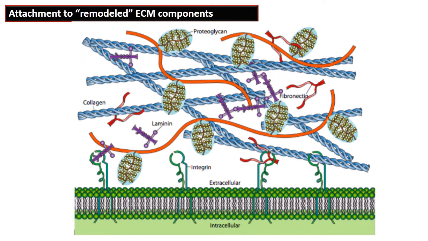Now the attachment of the tumor cell to the remodeled extracellular matrix. The third step in the invasion of the tumor involves changes in how tumor cells attach to the extracellular matrix protein. Integrin, a transmembrane protein, participates in cell to cell adhesion and cell to extracellular matrix adhesion.